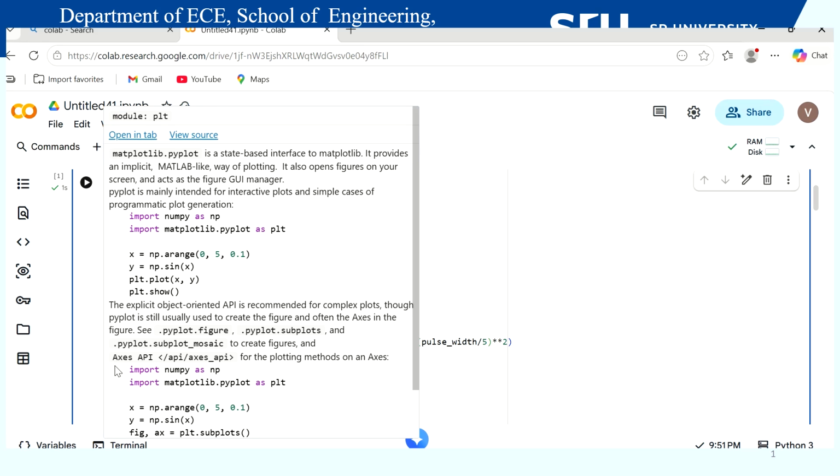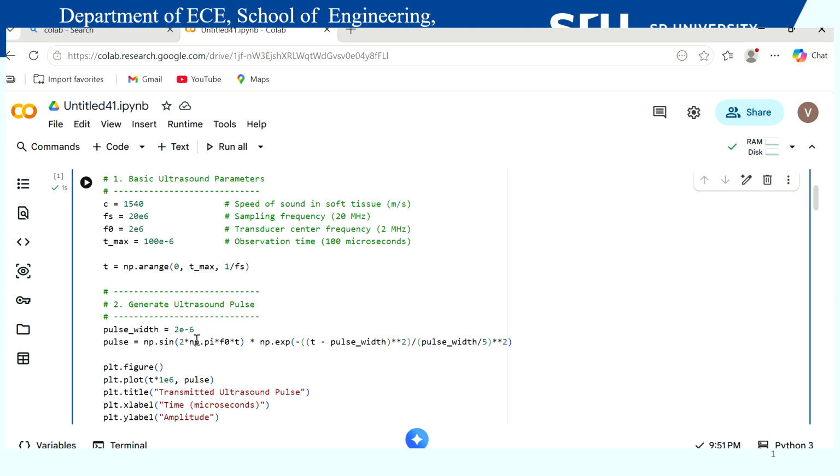This equation creates a Gaussian modulated sine waveform. The first part, sine 2 pi f naught t, is the 2 megahertz ultrasound carrier wave. The second part, e power minus the squared term, is a Gaussian envelope.